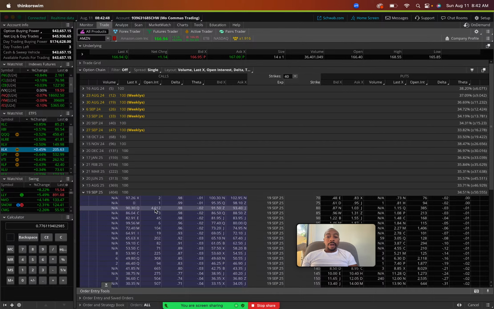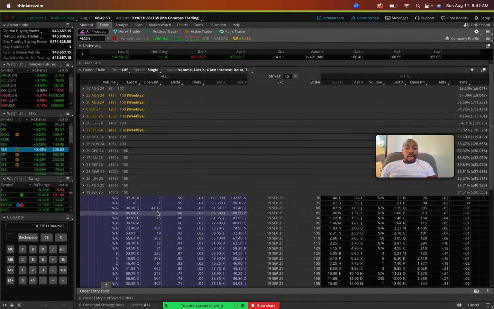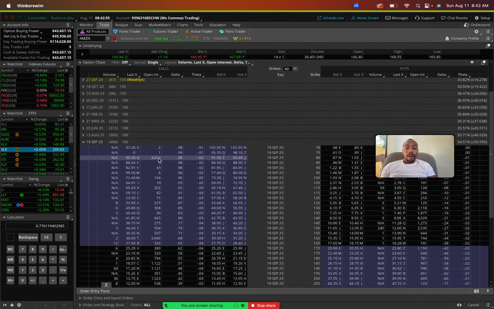So why would I buy this leap? You see the difference between Elf's option chart far out and Amazon? You guys see that difference? Look at the open interest. This is going to be highly liquid, even a year and a quarter out. You've got a highly liquid option, which means it's going to be easier for me to get in and out of this trade.